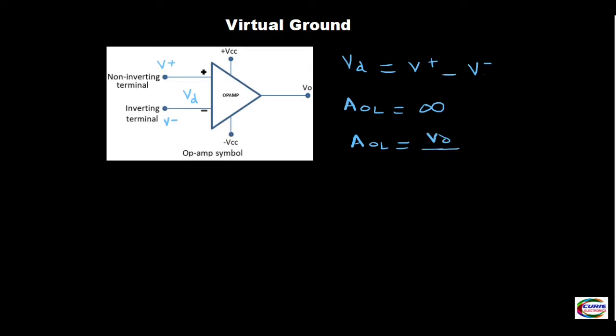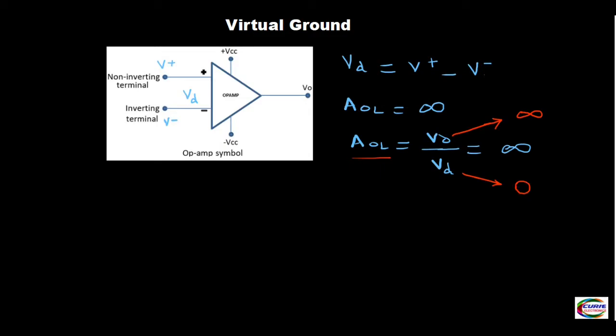What is V in? That is the VD, differential input voltage. Now we know this is infinite. So for this open loop gain to be infinite, either V out has to be infinite or the differential input voltage has to be 0.